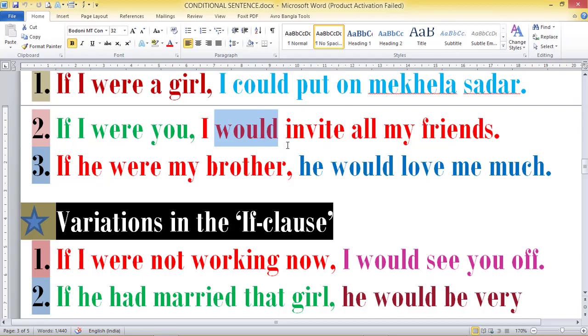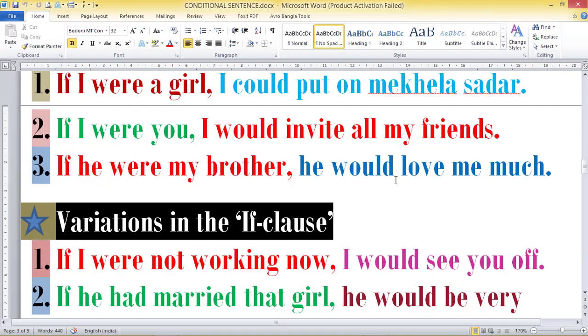Then the first form of the verb, the present infinitive. Here, this is not possible for me to become you, I have just imagined. Here the action in the if clause is by no means possible. And in the main clause, you have to use after the subject would, should, could, or might plus the first form of the verb.